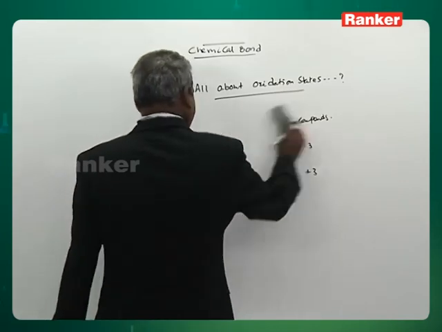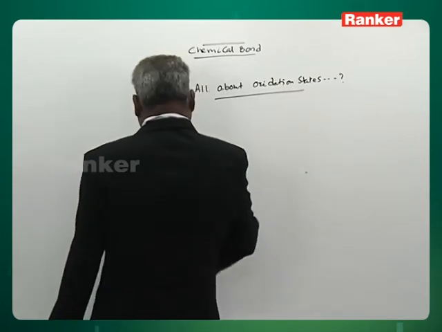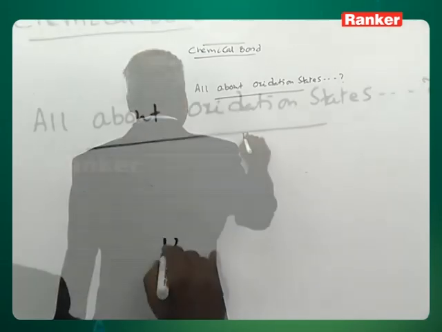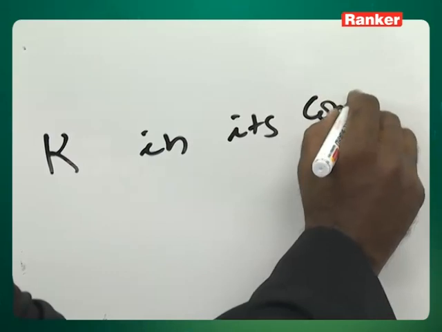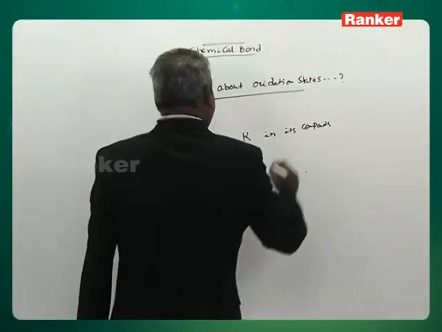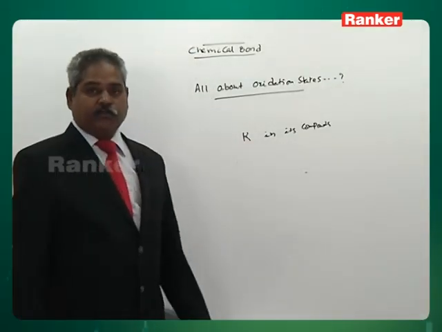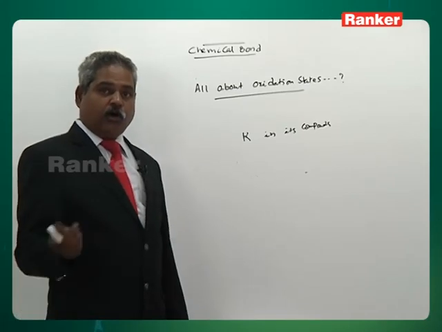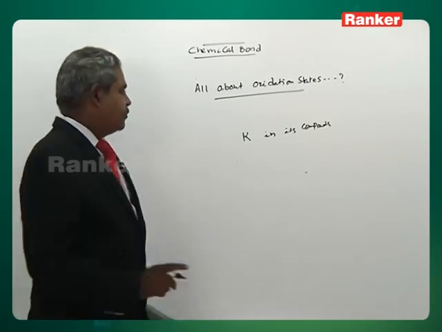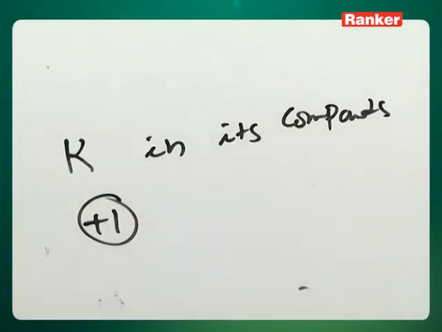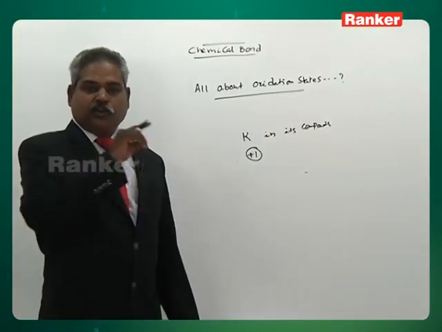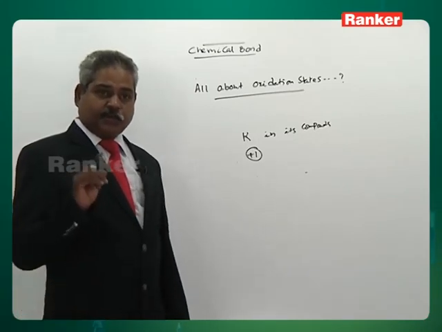But what is the oxidation state of potassium in its compounds? Now, you need not say it varies or it depends on which compound it is, because in all compounds of potassium, potassium is always plus 1. So it is fixed. Some elements have fixed oxidation states, whereas some elements don't.